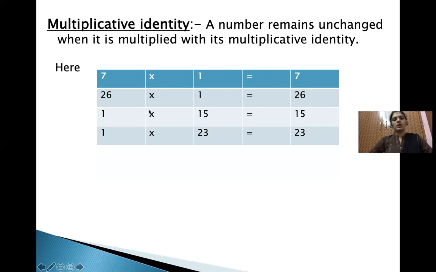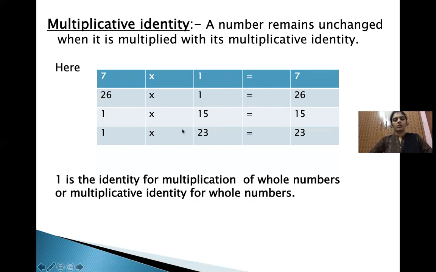So when we multiply a number with 1, it will remain unchanged. We get the same number. So here we conclude that 1 is the identity for multiplication of whole numbers, or the multiplicative identity for whole numbers.